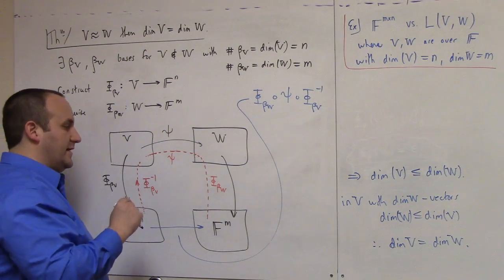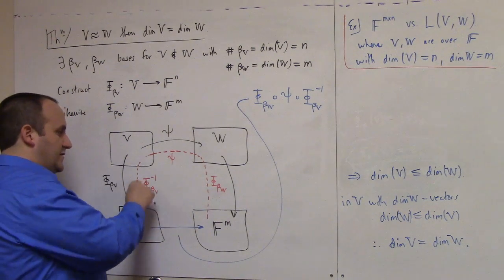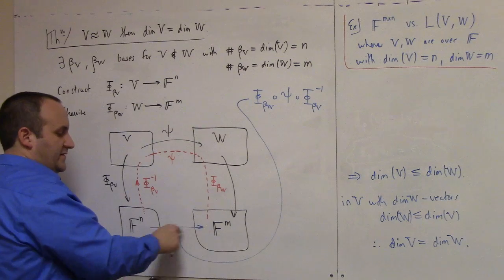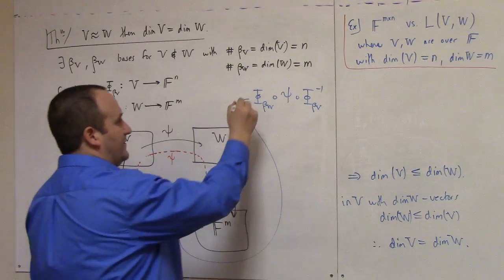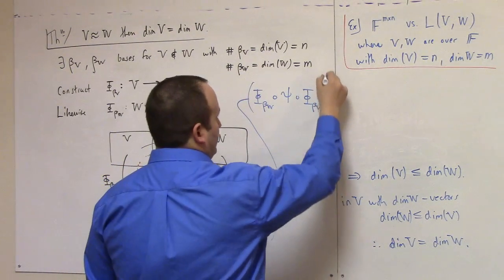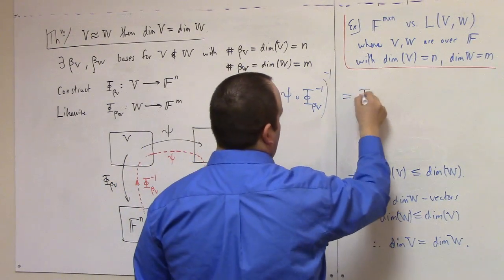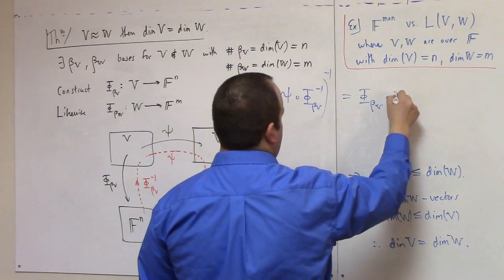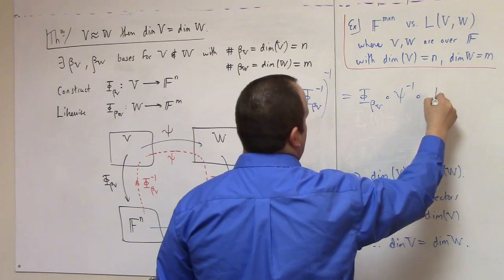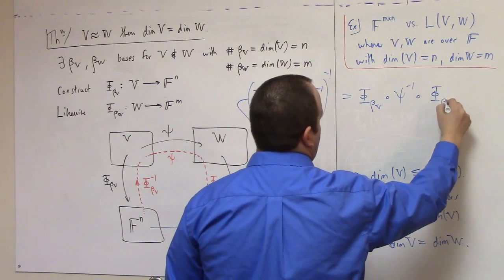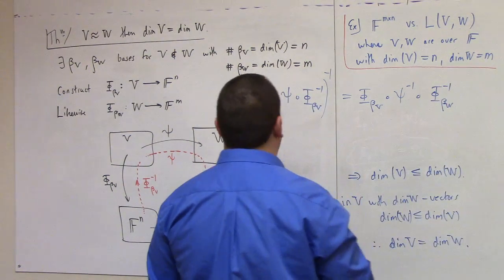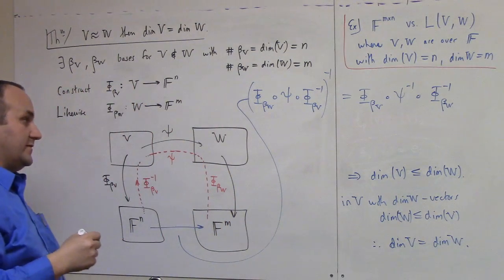And better yet, because each one of these is invertible, this is also an invertible linear transformation. In fact, I can write the inverse for you: it would be phi beta V composed with psi inverse composed with phi beta W inverse, by the socks-shoes identity which exists for function inverses.